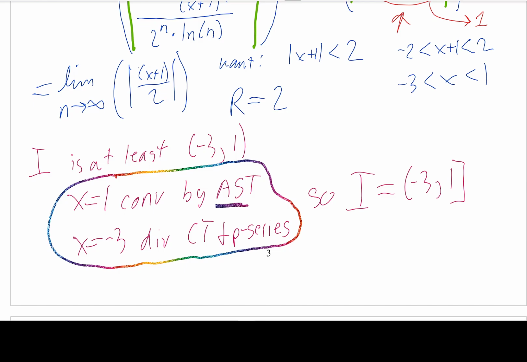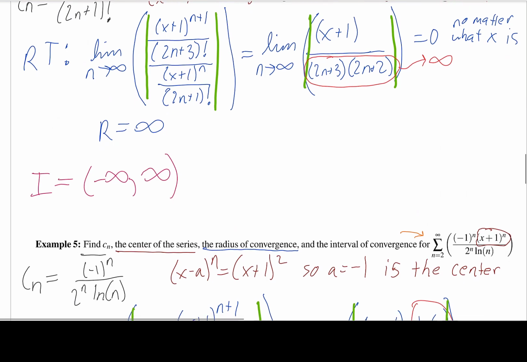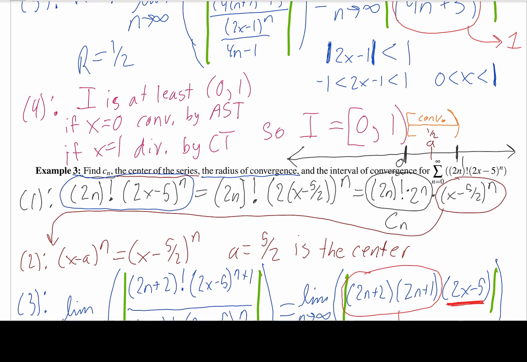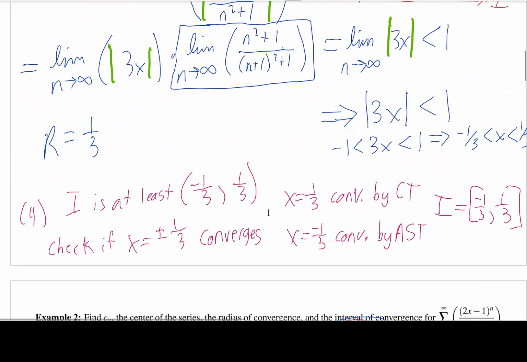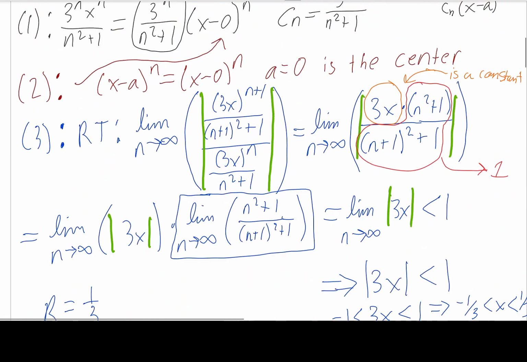Here I'm telling you to use the alternating series test to get that this thing converges. Right, so let me go ahead and circle the parts that I would like you to practice. So again, this part right here is a good part to practice. Here's another good part to practice. And then that should be it.